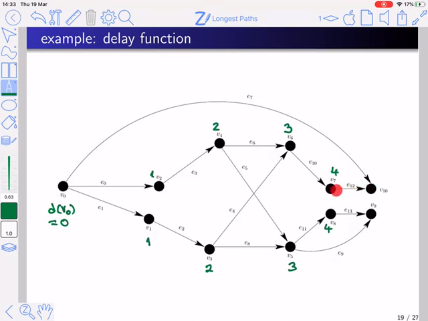And the longest path that enters me would actually come from V7. Its length up to V7 would be 4, and now there's an extra edge, E12, in order to reach me, so therefore my delay is 5. And the same argument holds for V9, 5. So we've computed the delay function of the vertices in this specific example.